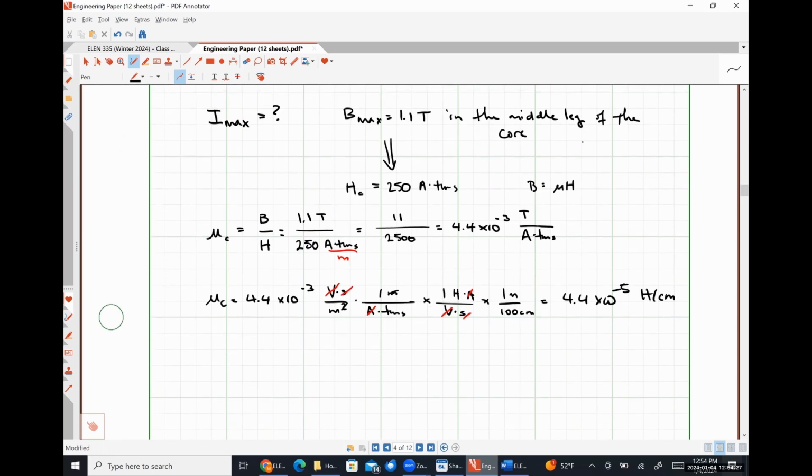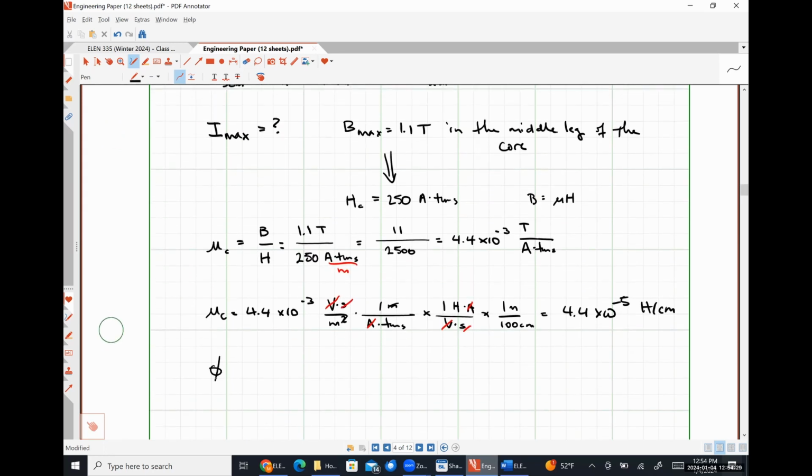So the flux through the middle leg is going to be equal to the B field times the area of the middle leg.